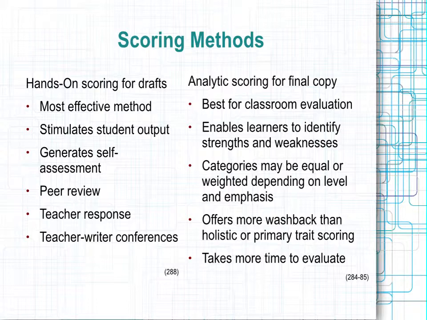The final paper itself will be scored analytically with a rubric in order to be most effective for the student's progress. Students will have all of this information at the beginning of the assignment so that they can have it for reference during their development of the paper.